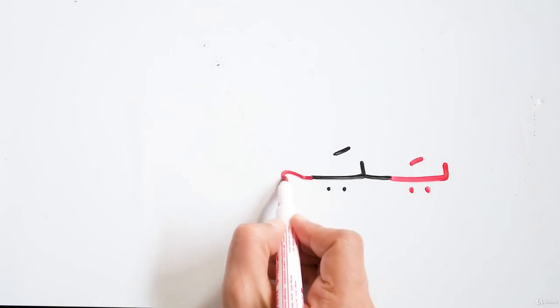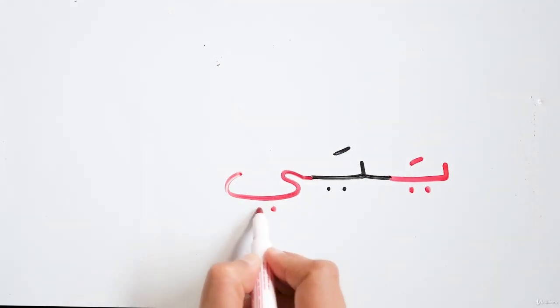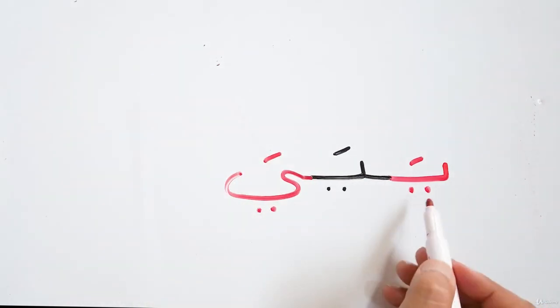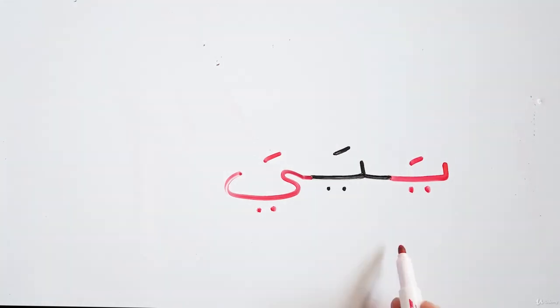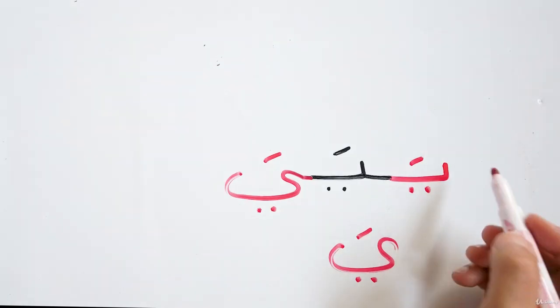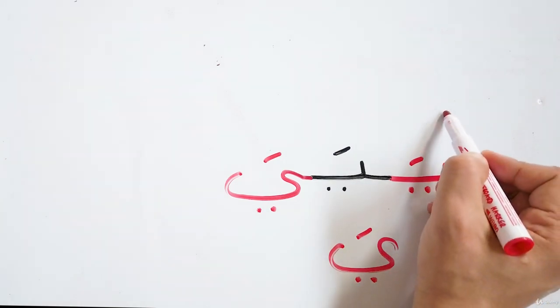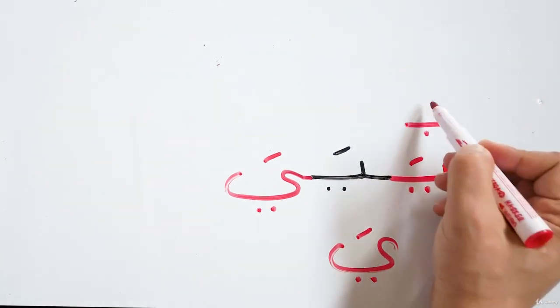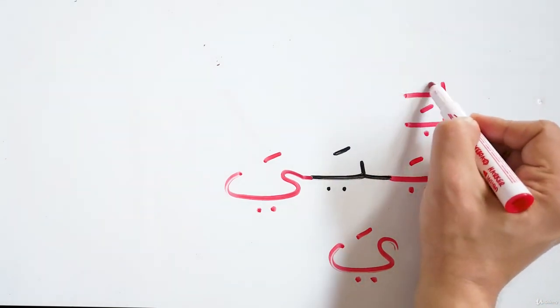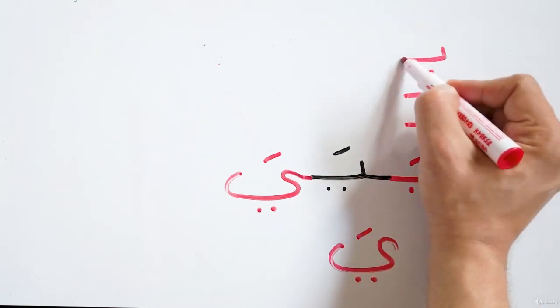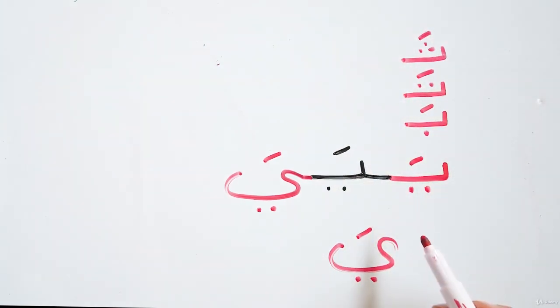And pay attention now. Yeah, in the beginning, in the middle, in the end. And we have this yeah as well. As you see here, the shape of yeah in the beginning looks like the shape of be or te or the, right?